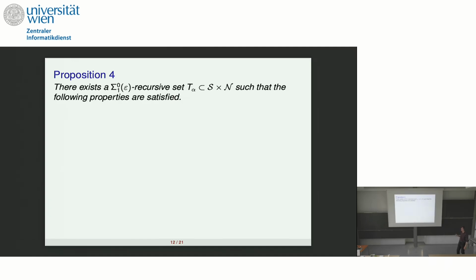So T alpha is a subset of the space S. This symbol stands for the finite sequences of integers, and is a Baire space before, such that the following properties are satisfied. So the first property says that if we consider T alpha the section, then we obtain a tree. So we can view T alpha as a parameterized family of trees.